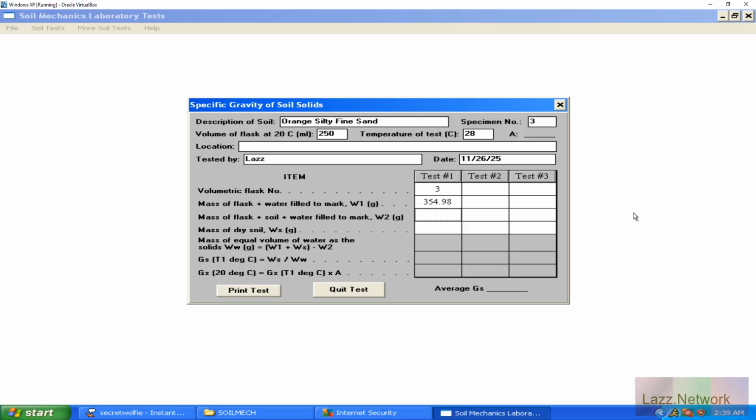The idea of boiling it or vacuuming it is we're just trying to remove all the air from the soil itself, since the soil can have very small air voids. It's really mostly for clays, honestly, where you have to worry about it. If it's sands, the air voids are going to get out a lot easier, even through just general agitation. But that's not part of this method.